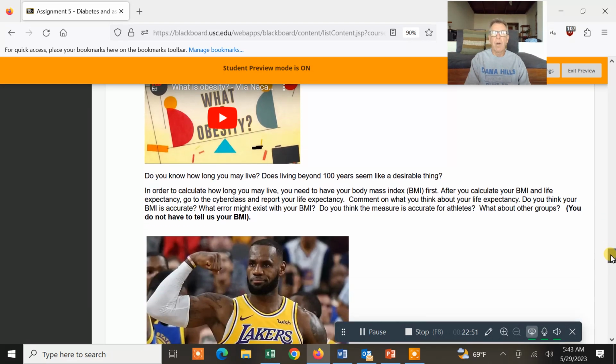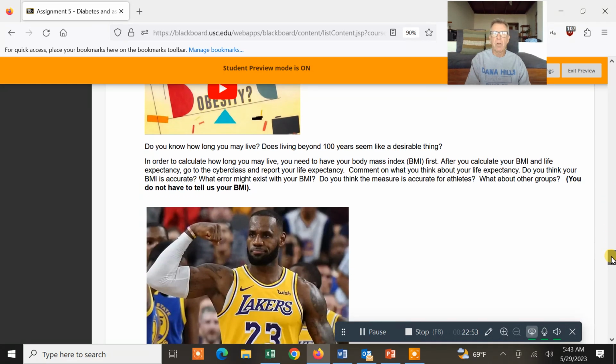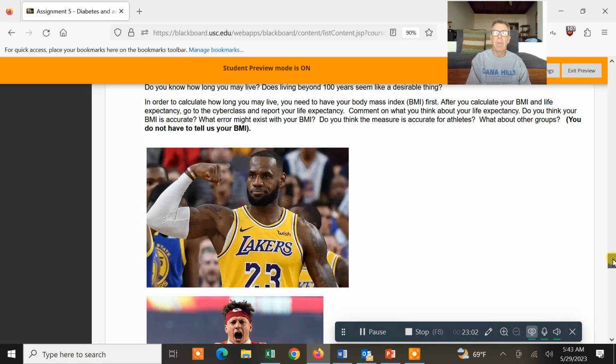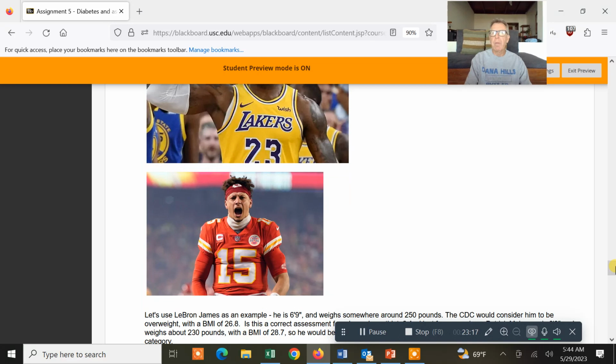Okay, so one way the medical community looks at things is looking at your body mass index. This is a crappy index, okay, but it's super simple and easy, but it doesn't account for how muscular you are, how large your bones are, okay. So people will look at the body mass index of an athlete, and they would be unhealthy, so to speak, okay?